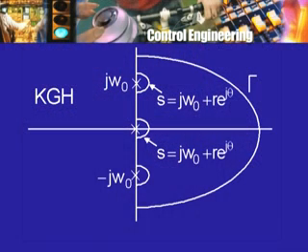Now the contour gamma prime, what is going to be its sense of traverse? Now that will depend on the transfer function KGH. We took an example where it was the same. The sense of traverse of gamma prime as well as gamma was both clockwise. As a result, the number of encirclements ended up to be a positive number.